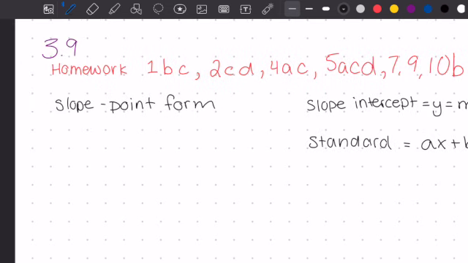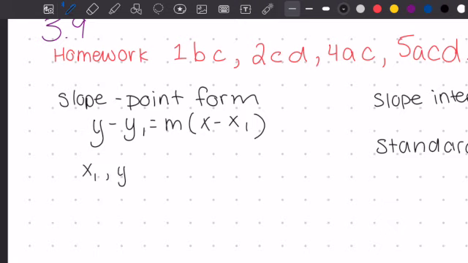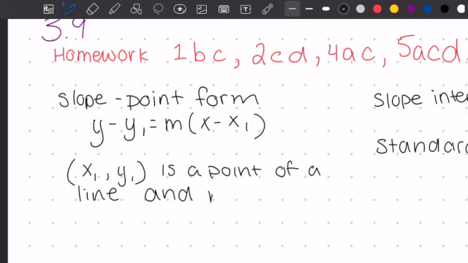Okay, so slope point form uses our formula y minus y1 equals m bracket x minus x1. So x1, y1 is a point on a line, and m is our slope, just like normal.